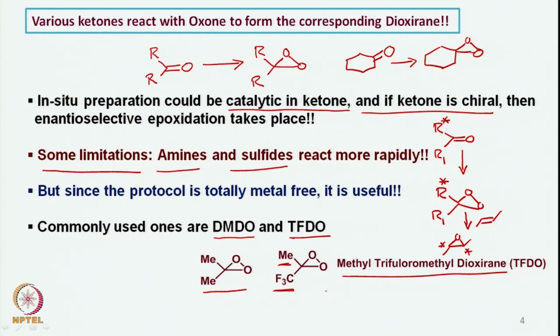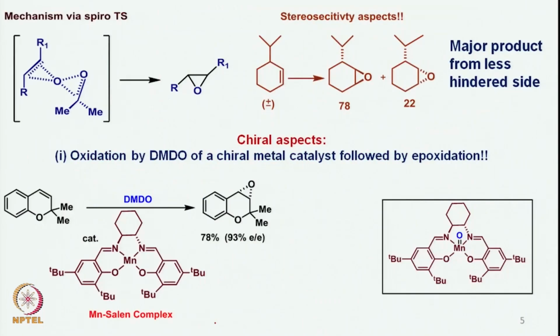This will be a little difficult to isolate, but in situ preparation would be relatively easy. For the in situ preparation, you will have to take the ketone, which is relatively easy to handle, in this case acetone. So in both cases we can easily do the in situ preparation.